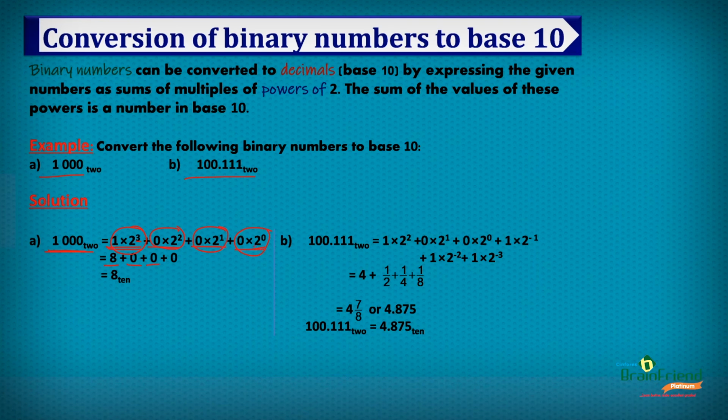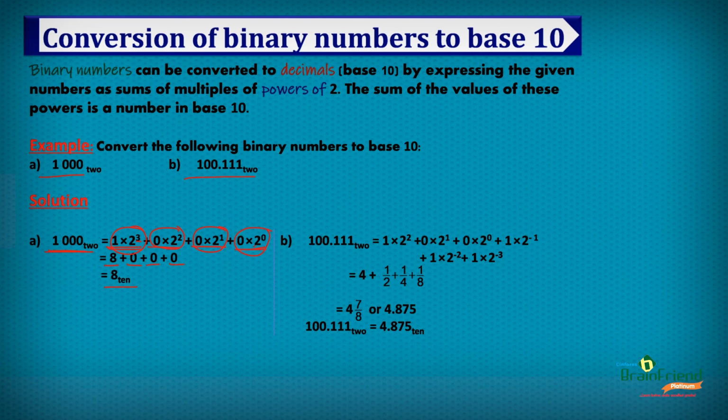And 2 raised to power 0 is 1. 1 multiplied by 0 gives us 0. So our answer is 8 in base 10. So the number 1000 base 2 is equivalent to 8 in base 10.